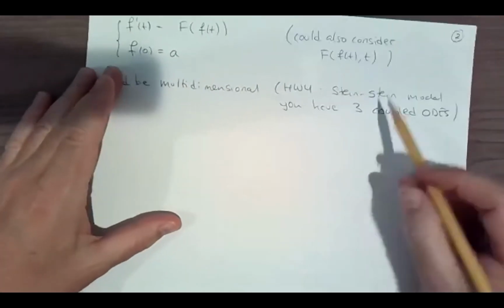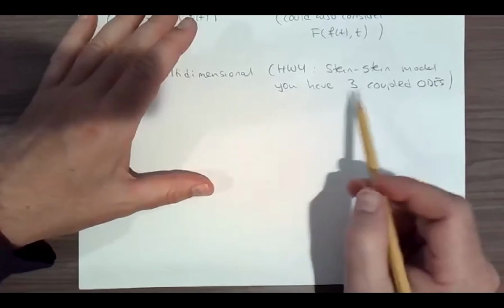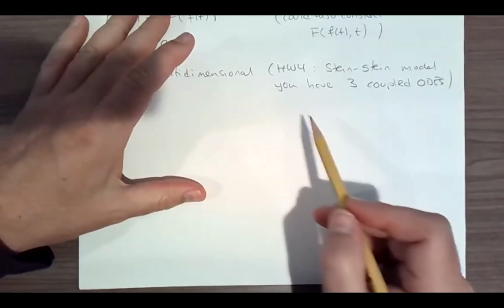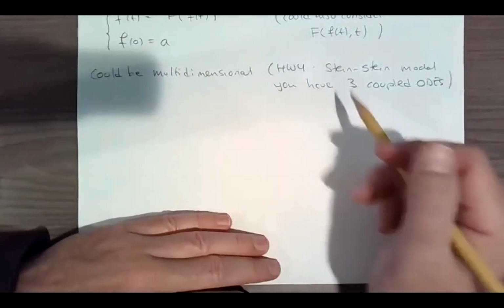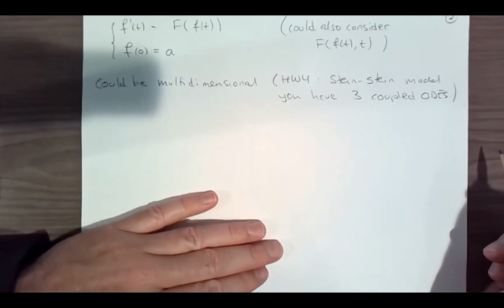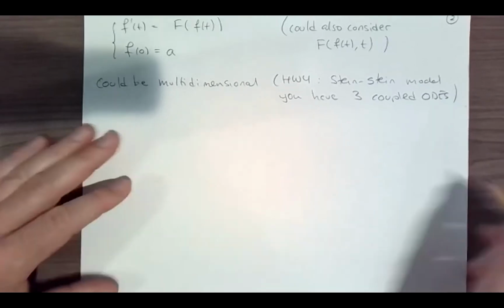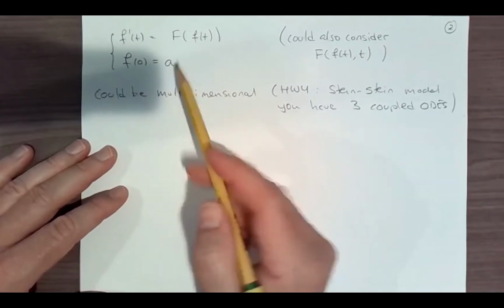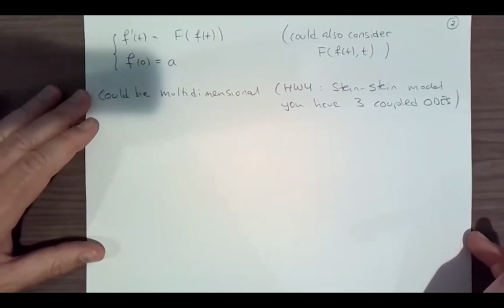It's true that the system that you're having, it's a triangular system, so you could solve one at a time, but you could also solve all 3 of them at the same time numerically. So you have an ODE of this sort. Could be high dimensional, could be multidimensional, and we looked at different schemes.